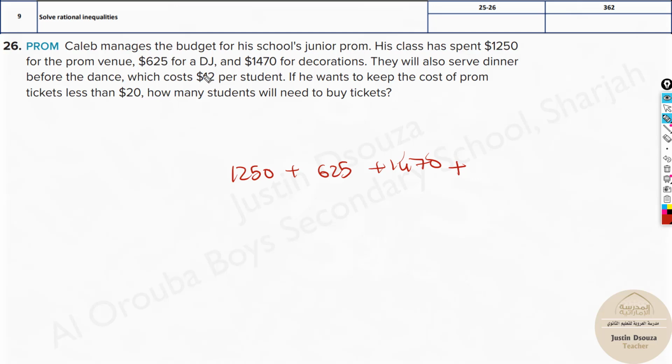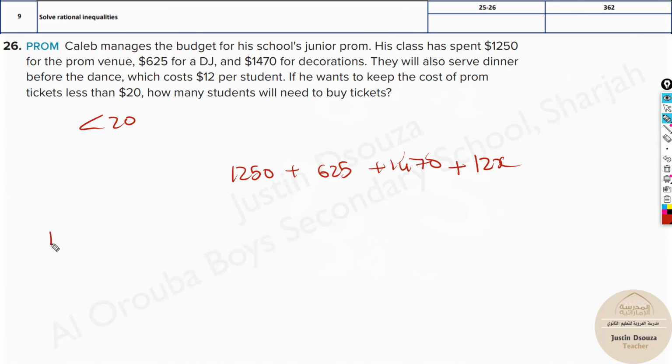But this one over here, 12 per student, what is it? The dinner costs $12 per student. It varies based on the number of students who come, right? So it is 12x. That's the thing. And they want to keep the cost of prom per person less than, it's not less than or equal to, it's less than 20.